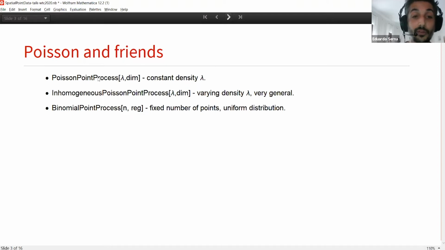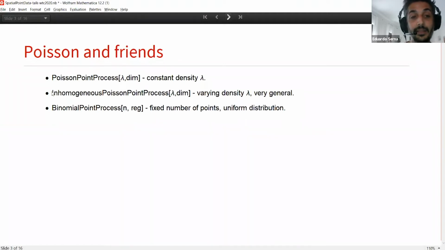This is true for all of them except the binomial point process, which is the only one that has a fixed number of points and generates what is, in the system, the equivalent of a random point or random geolocation. All of the rest generate a variable number of points with variable distribution.